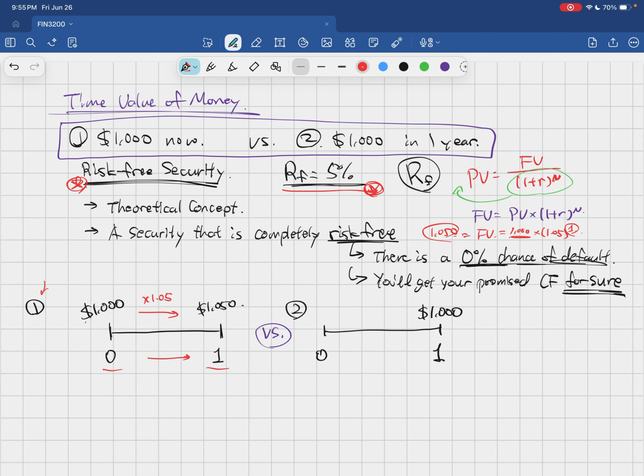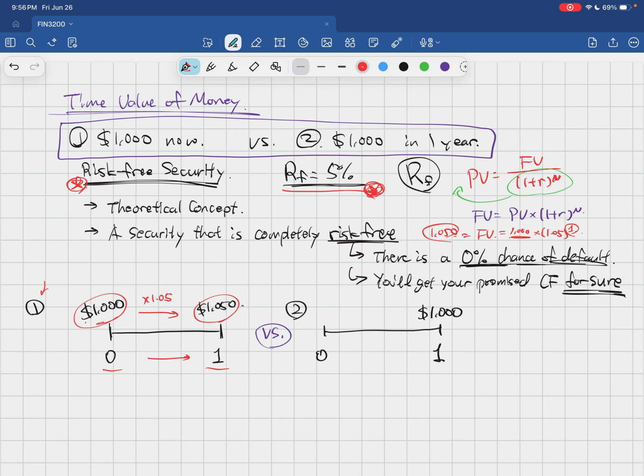What this is saying is, since you get a guaranteed return of 5% if you put your money in a risk-free security, getting $1,000 right now is essentially equal to getting 1050 in year 1.